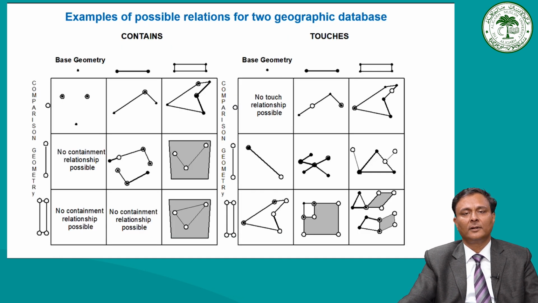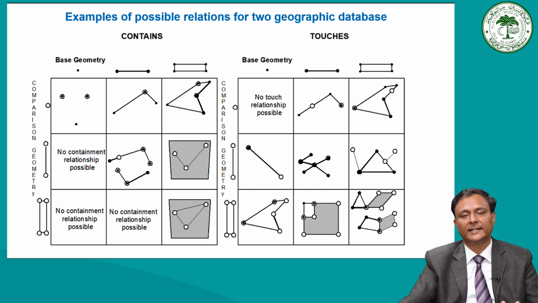Some examples of methods for testing spatial relations between geometric objects, where the example is for contains and touches. Here each takes as input two geometries and evaluates whether the relation is true or not.